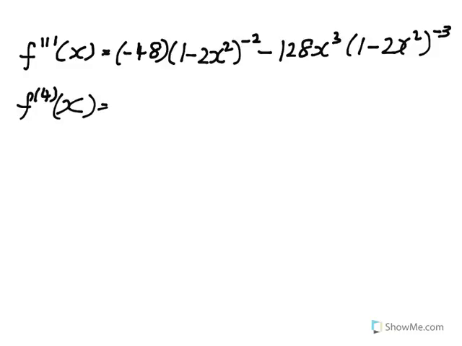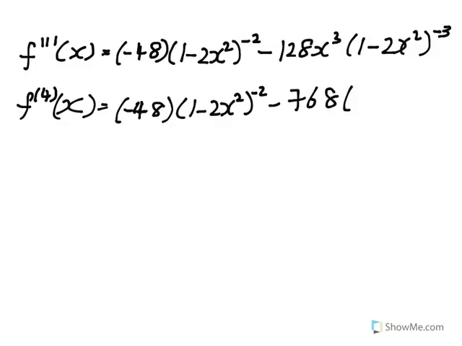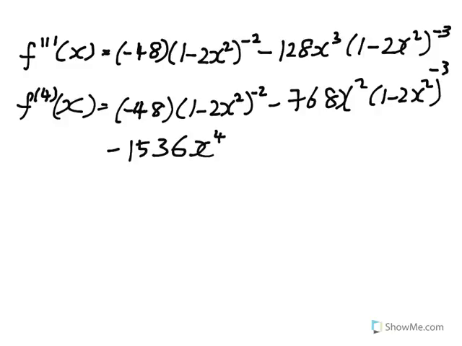So this is equal to negative 48 multiplied by (1 minus 2x squared) to the power of negative 2 minus 768 x squared (1 minus 2x squared) to the power of negative 3 minus 1536 x power 4 (1 minus 2x squared) to the power of negative 4.